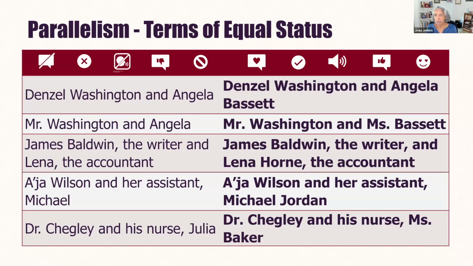Parallel construction also comes into play when we're using humanizing language, avoiding situations where we show a level of respect and recognition to one person and not do the same with the other person or people being referenced in the same space.